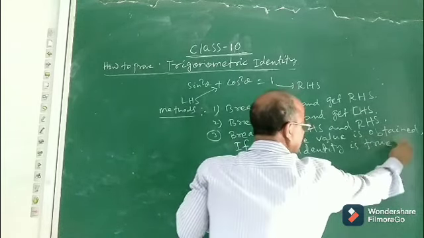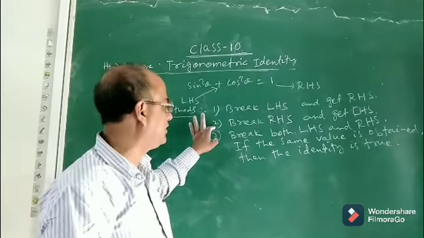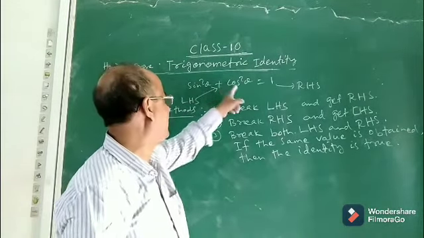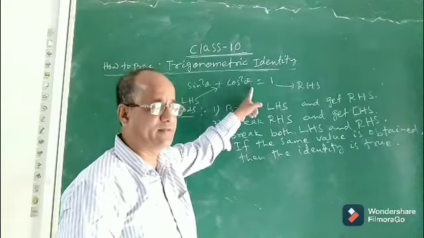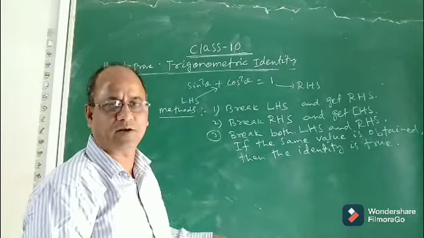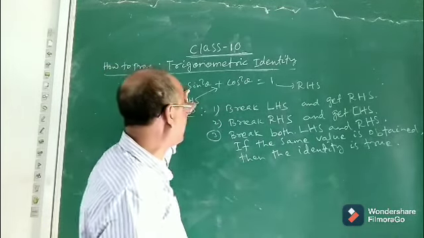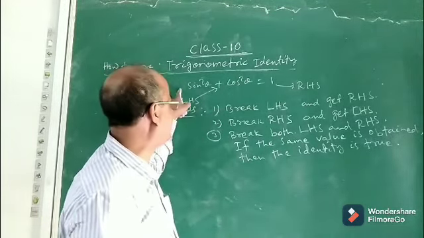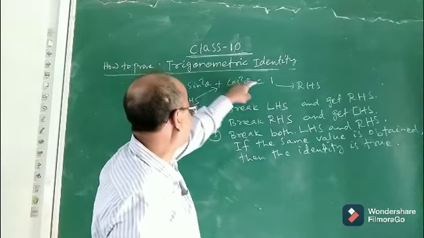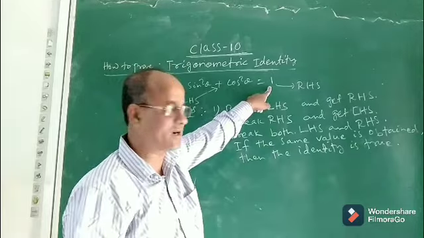So once again, please listen very carefully. Suppose you are given a particular identity and you want to prove it. What are the methods to prove a trigonometric identity? The first method is you break the left hand side. Suppose by breaking this left hand side you got the right hand side, then the identity is true, which means the proof is over.